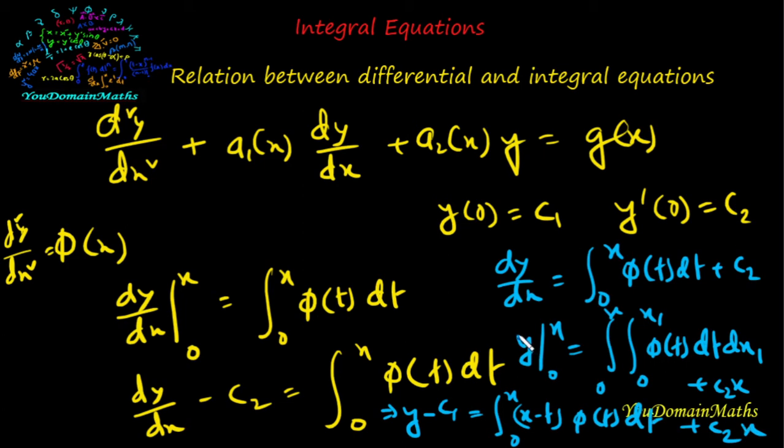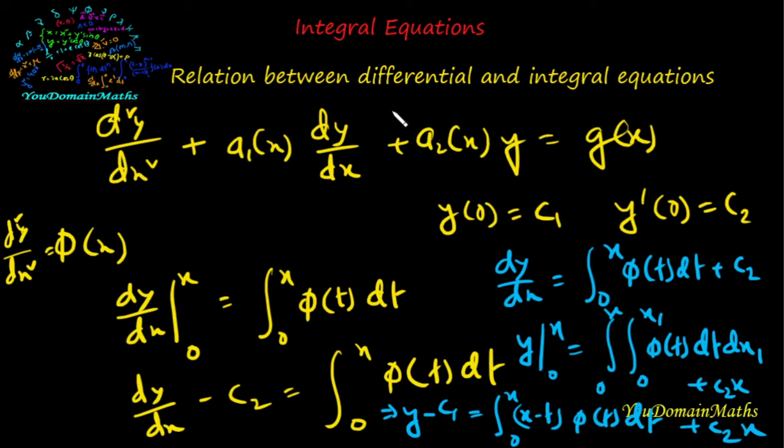So we find d squared y by dx squared is phi of x, dy by dx equal to the integral from 0 to x of phi of t dt plus c2, and y equal to this.